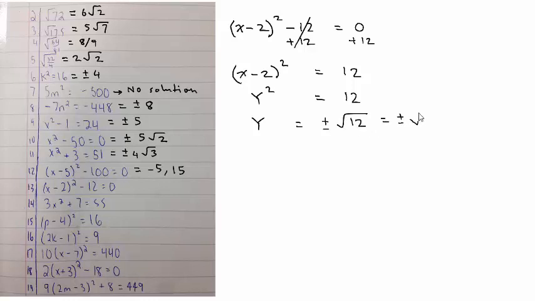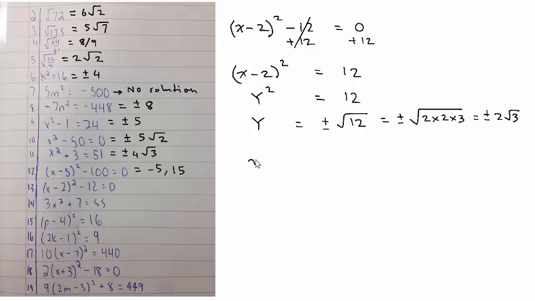This is plus or minus the square root of 12, which is nothing but 2 times 2 times 3. And we have a pair of 2s, so a 2 comes out. So this becomes equal to plus or minus 2 multiplied with square root of 3. That's y. And what's y? Y is nothing but x minus 2.